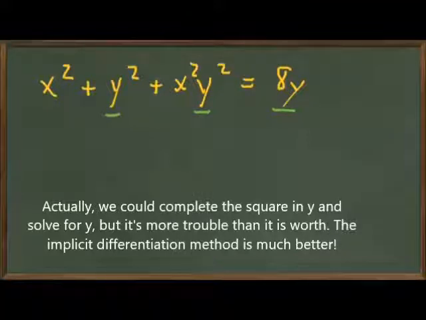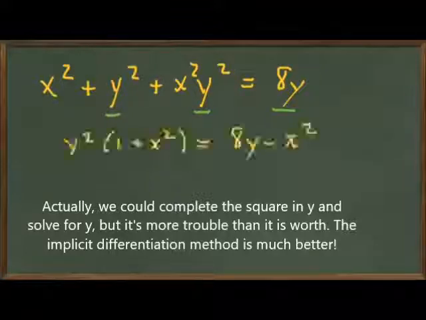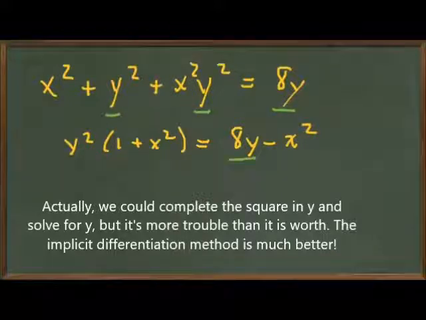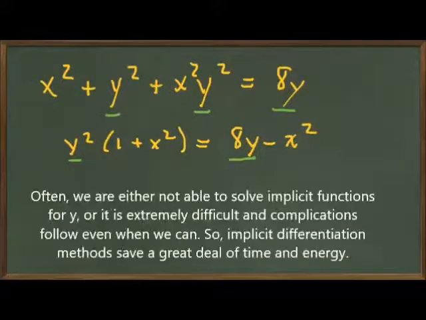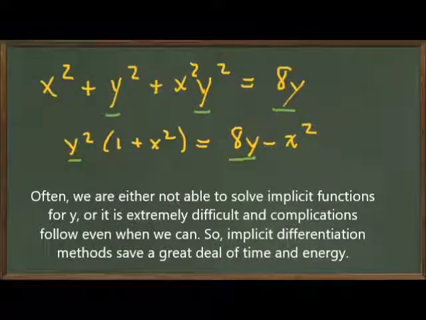I'll try a little bit here, but you'll see that it won't work. There's no way to get this term over here with the 8y in it grouped underneath this so we can solve for y. So typically we're not able to solve an implicit function for y and that's why we have this other method of taking its derivative.